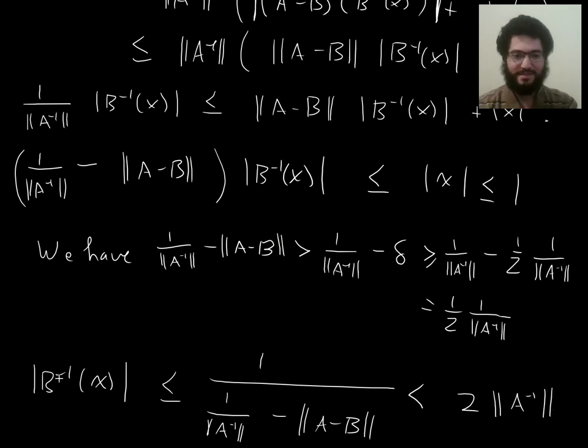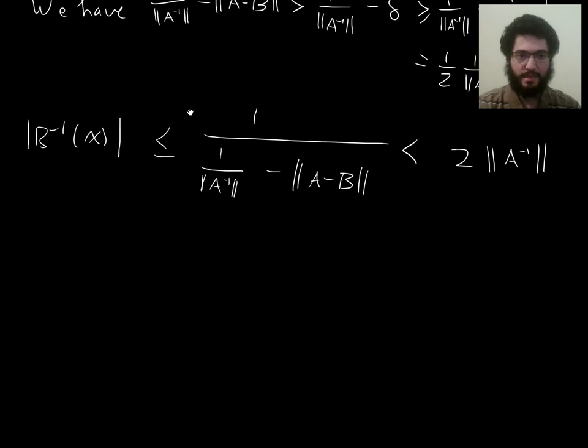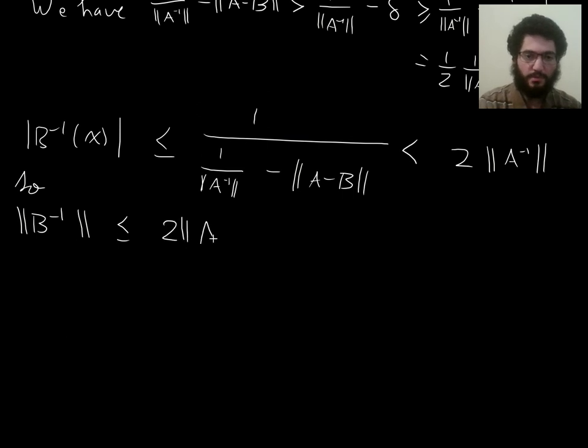And look at that. I have an upper bound for B inverse x when x is a vector of norm at most 1. So that is a nice upper bound for the norm of B inverse. So the norm of B inverse is less than or equal to 2 times the norm of A inverse.